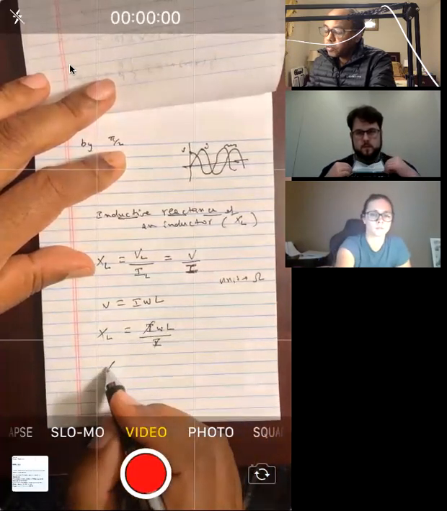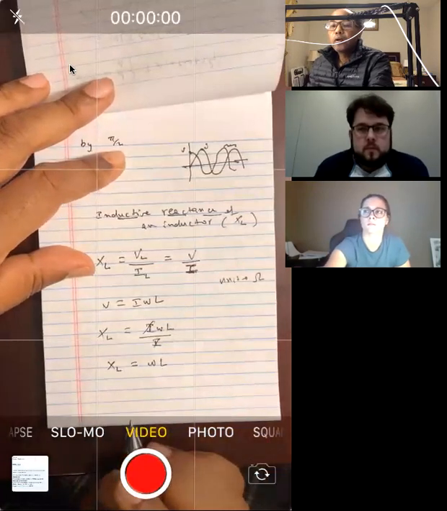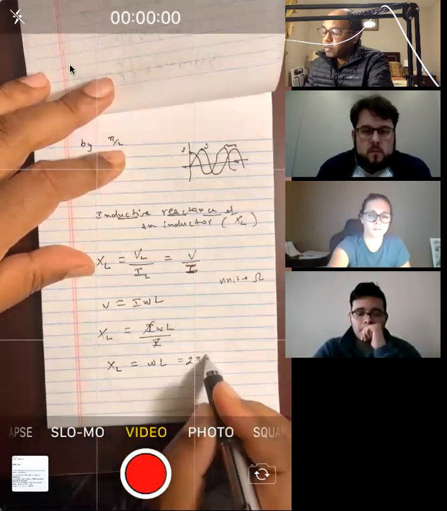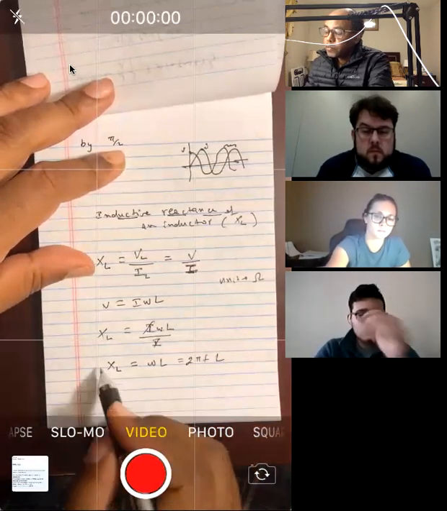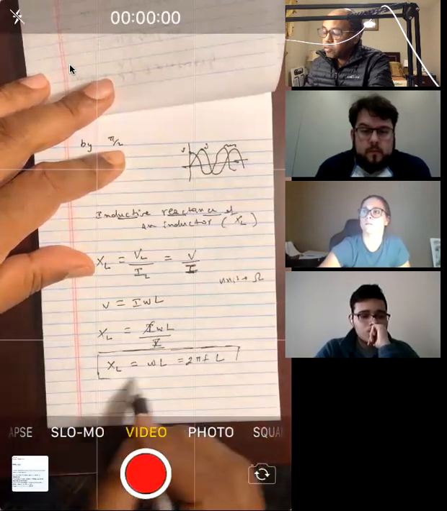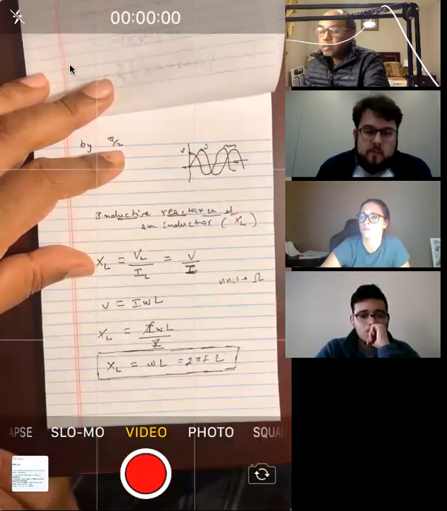This is the formula for the inductive reactance: omega times L, or in terms of frequency, 2 pi f times L. So this is the resistance of an inductor. It's called inductive reactance, but basically it's resistance.